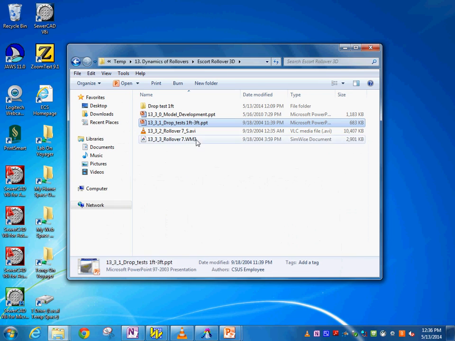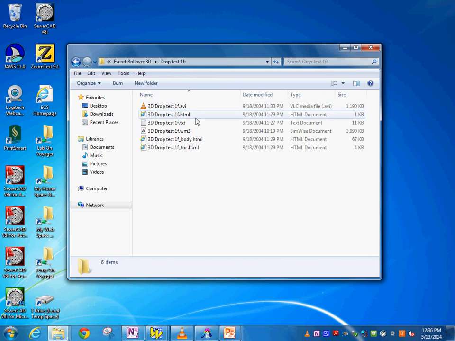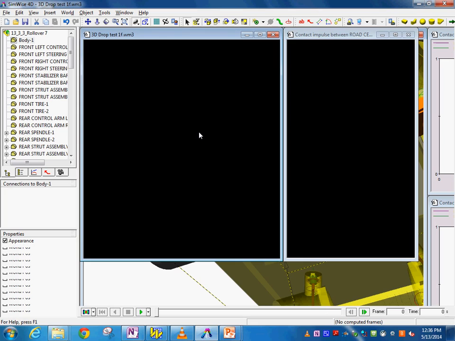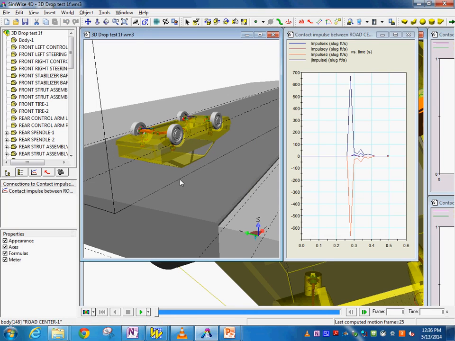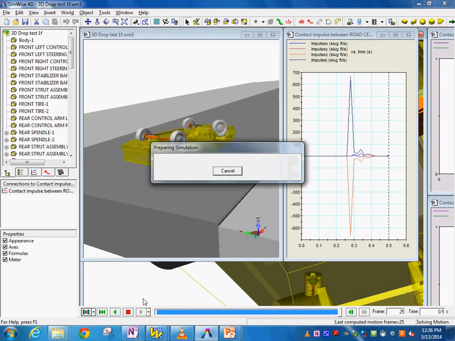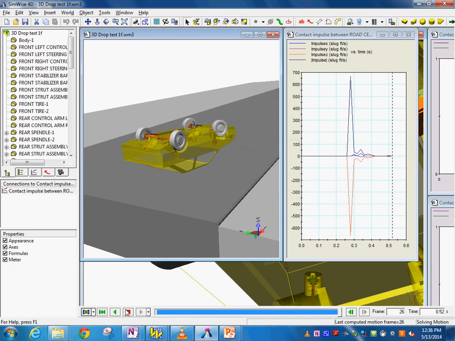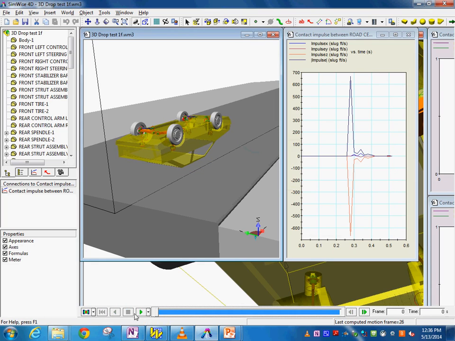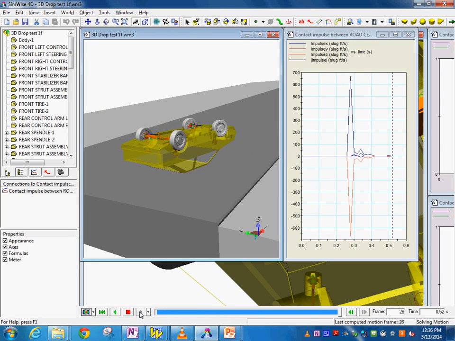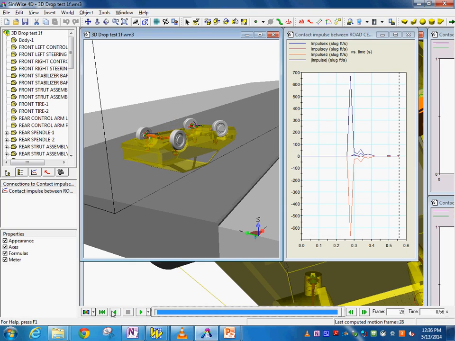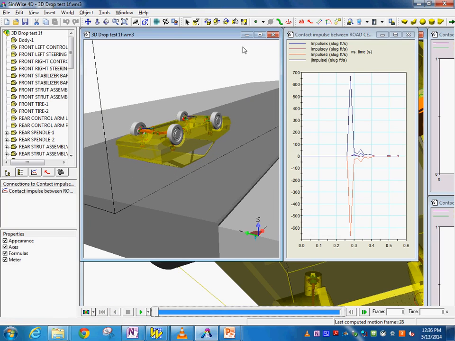And I think we might have an ABI model of this. Let's see, okay, this is the actual drop testing here. See, this is how we do it, and that way you can keep track of the impact forces. Okay.